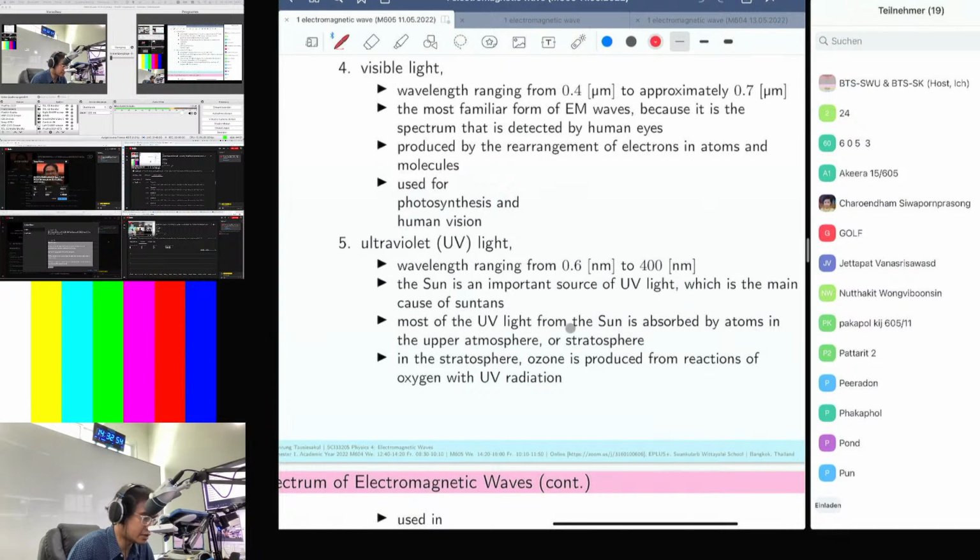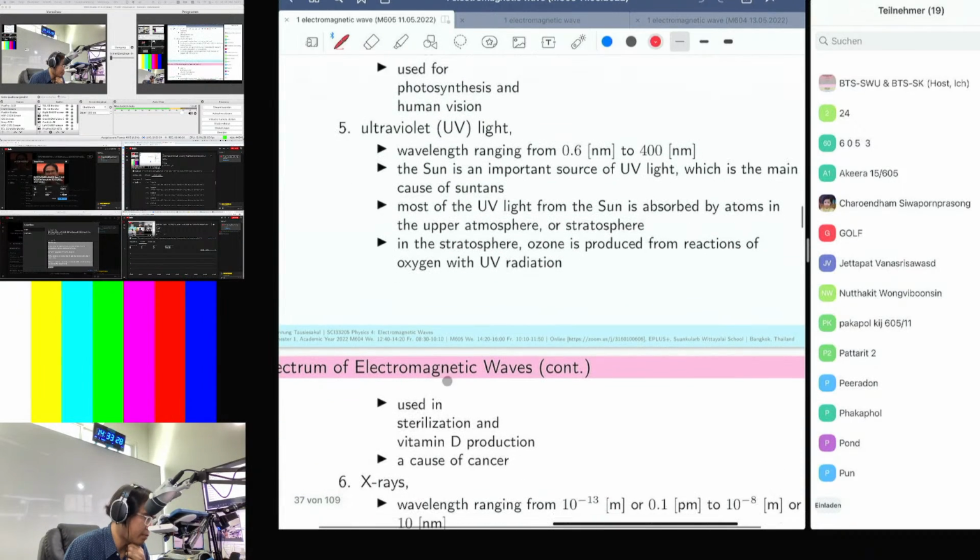Most of the UV lights come from the sun, but it is partially or mostly absorbed by atoms in the uppermost sphere. And that layer of the atmosphere is called stratosphere. And in the stratosphere, ozone is produced from the reaction between oxygen and the UV radiation.